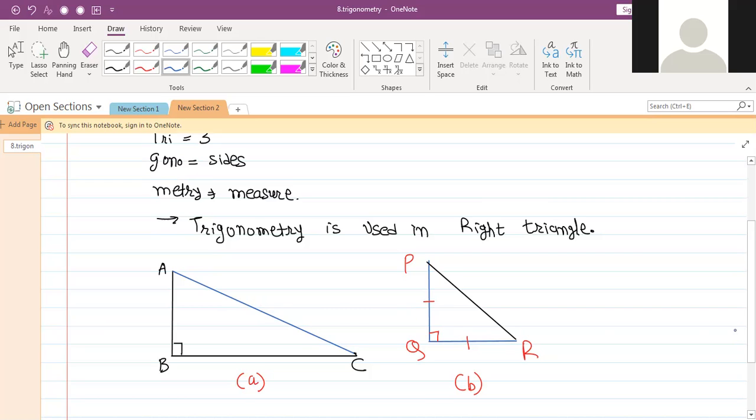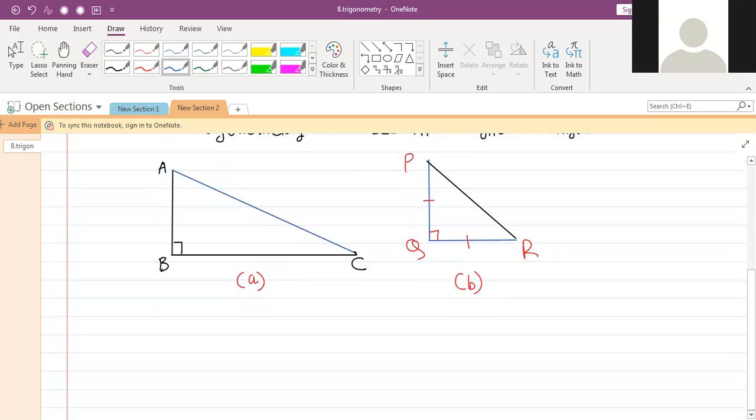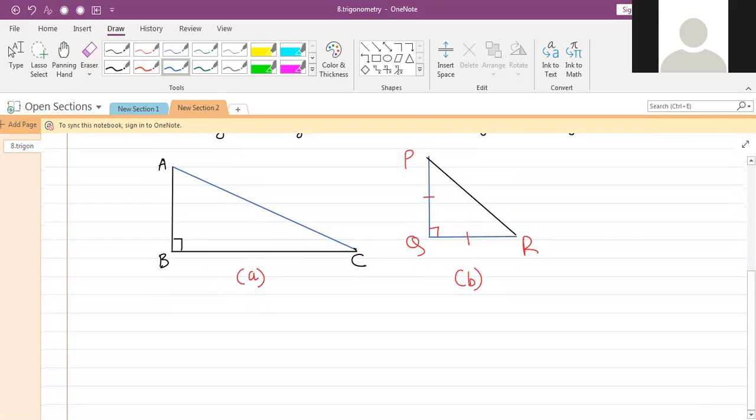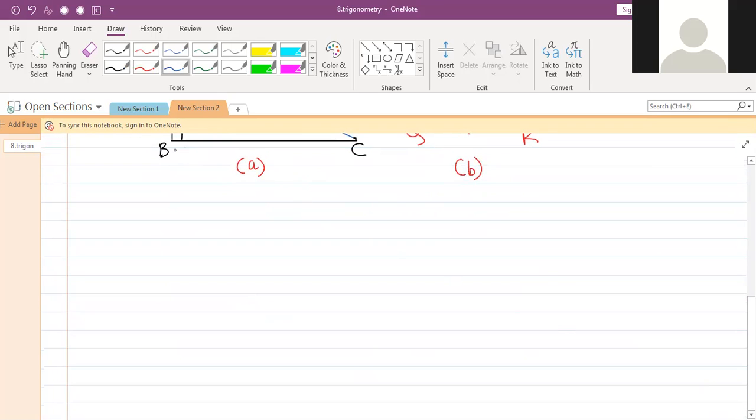Now in trigonometry we have six trigonometric ratios. I will explain all the ratios, one by one, with the formulas. Here I draw another right angle triangle. Every right angle triangle has one hypotenuse, which is always opposite the right angle.